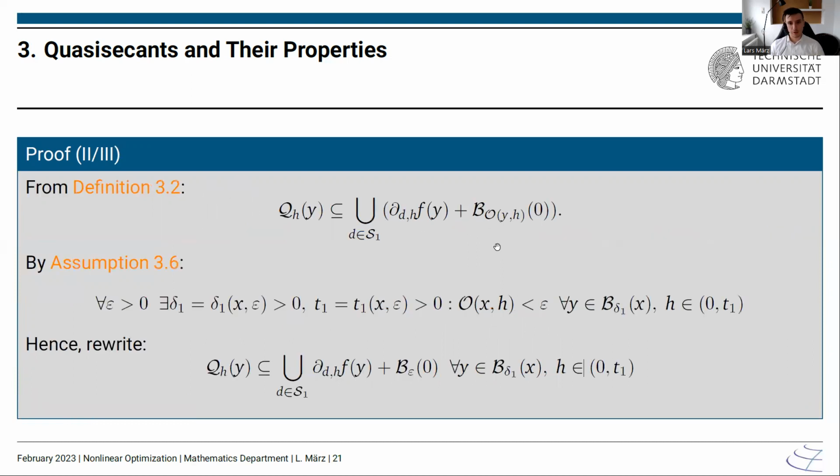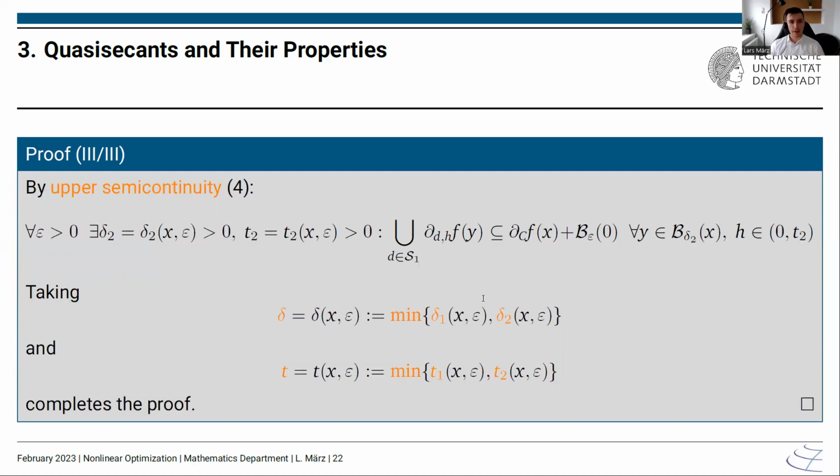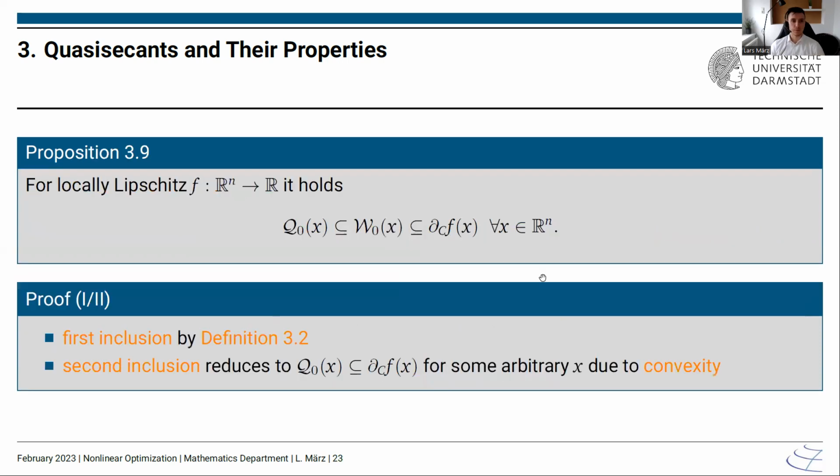Using these two inclusions, and taking delta to be the minimum of delta 1, delta 2, and t being the minimum of t1, t2, we have both of these inclusions hold simultaneously. And then that's the statement we wanted to show.